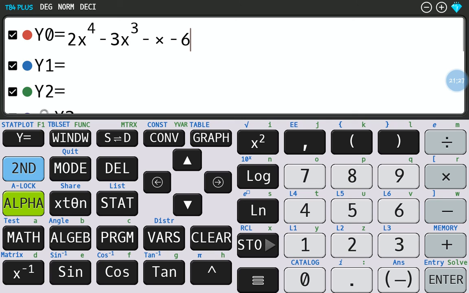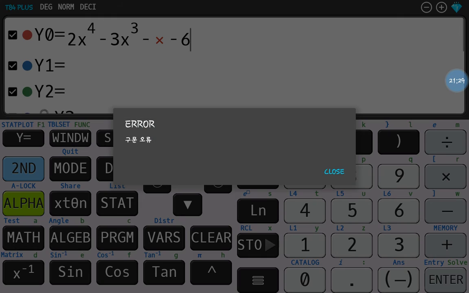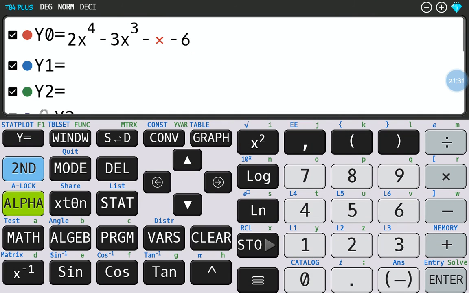So enter. Whoops. Oh, this x. Okay. I have to delete this. Delete, and I need to put my x here and 6. Okay, what's happening?